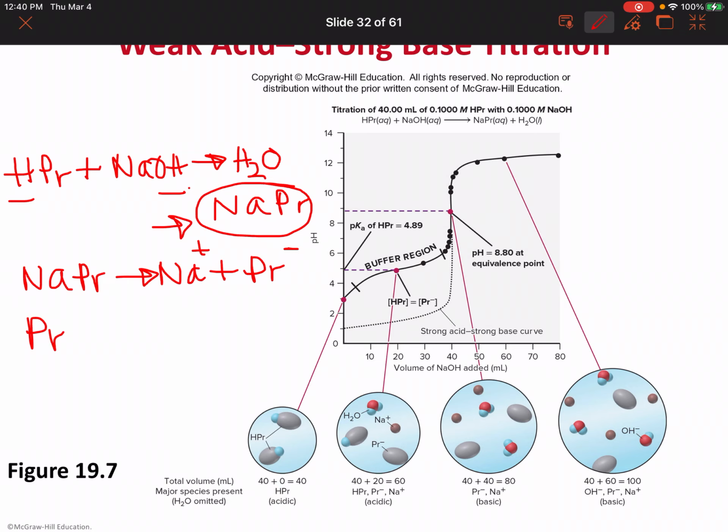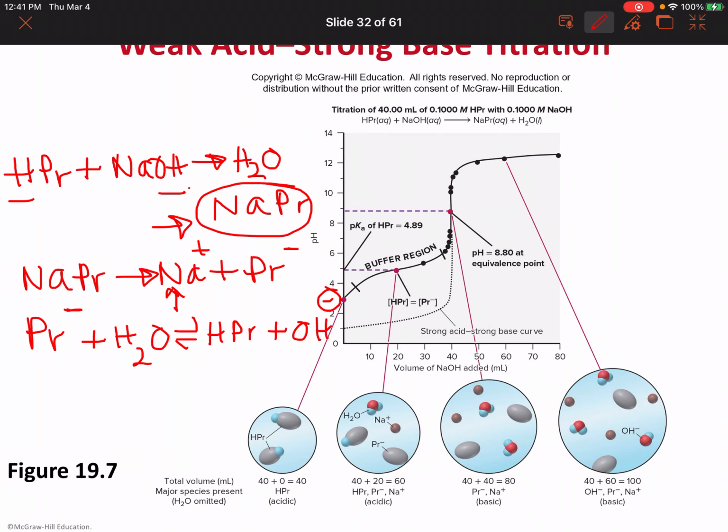Now we're going to see this is a cation coming from a strong base, so it's not going to react with water. Only the propionate anion, which is the anion of a weak acid, is going to react with water. How is it going to react with water? It's going to give you HPr and add hydroxide ions to the solution.